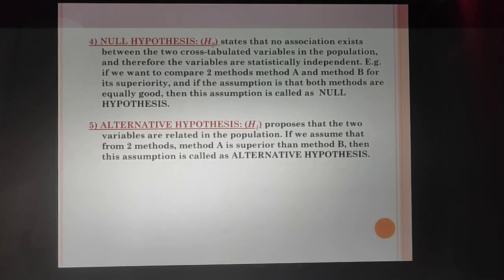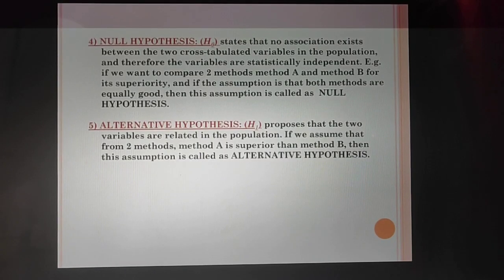The next one is the alternative hypothesis. It states that the two variables are related in the population. If we assume that of the two methods, method A is superior to method B, then this assumption is called the alternative hypothesis. Generally we denote this by H1 and the null hypothesis by H0.